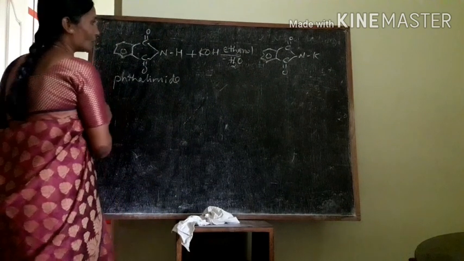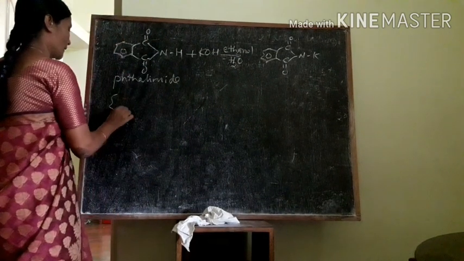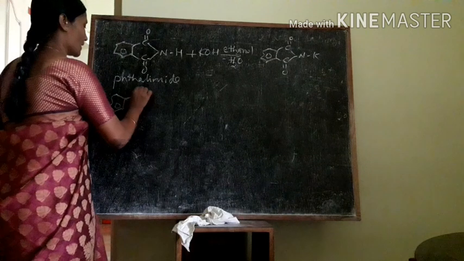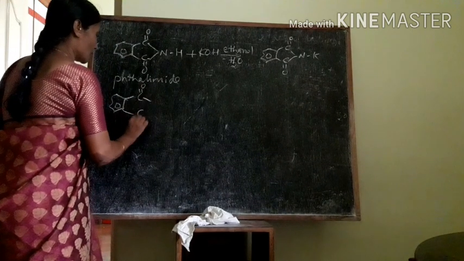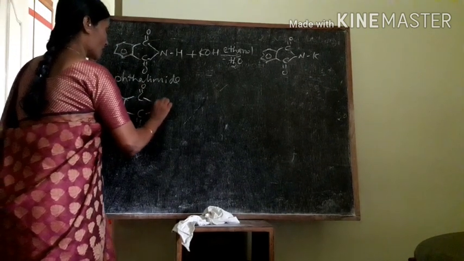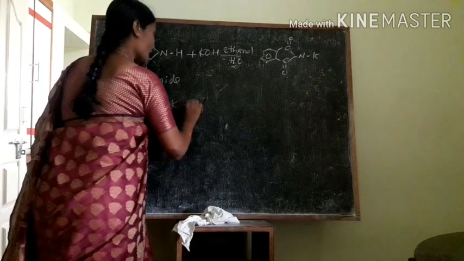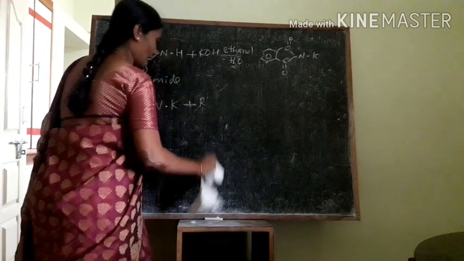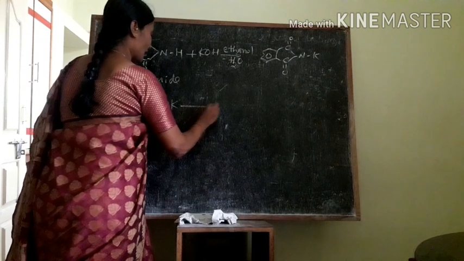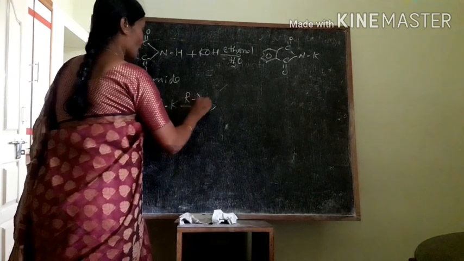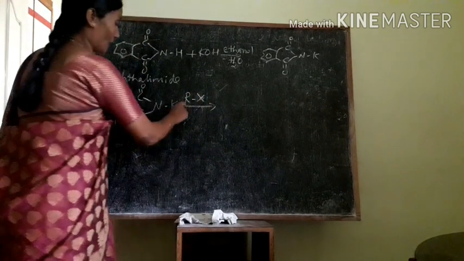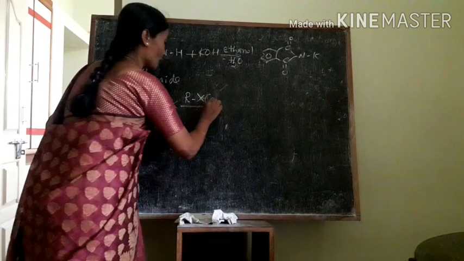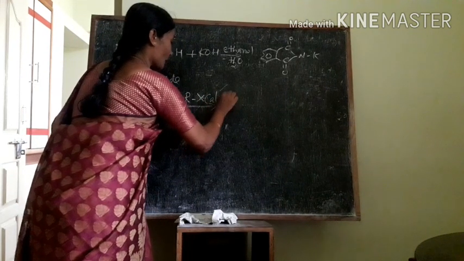Now I will take once again C=O, C=O, and this is N and K. It reacts with an alkyl halide. This alkyl halide must be aliphatic; you may take this in brackets.